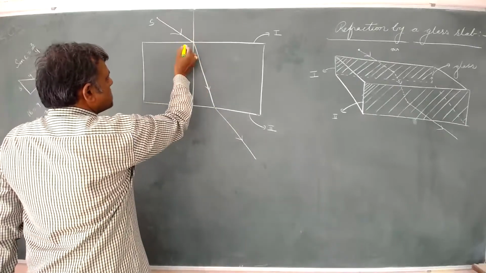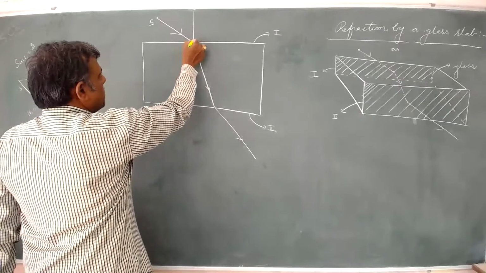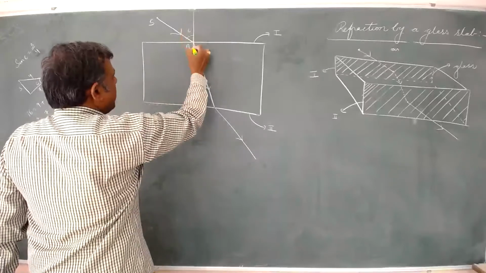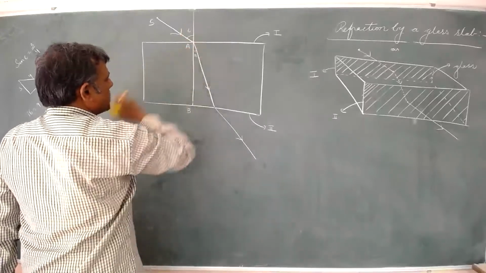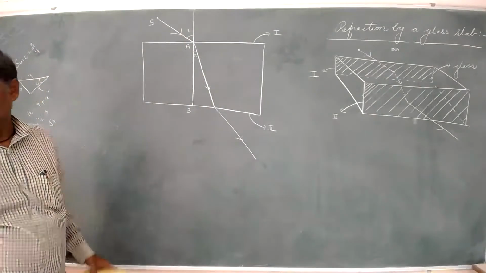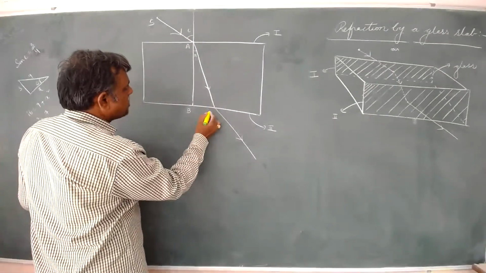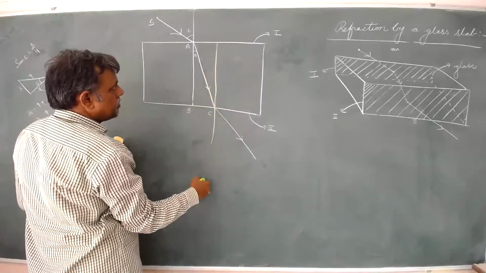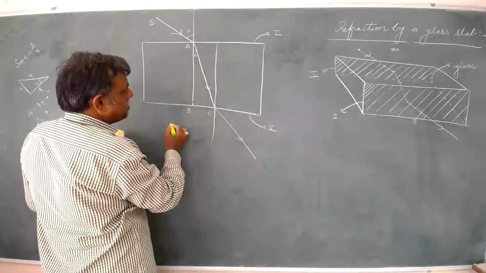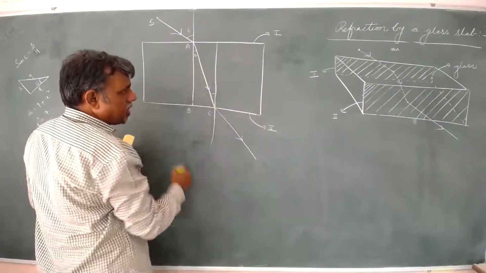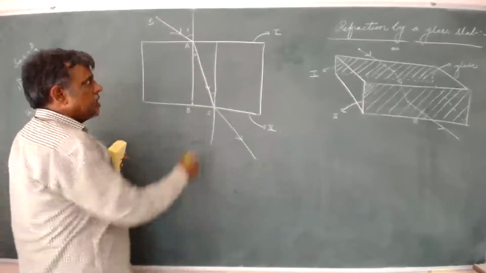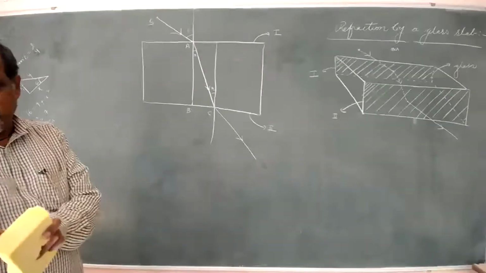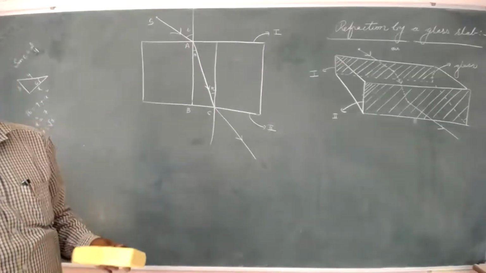This is the first point of incidence, that is A. This is the angle of incidence I, and this is the angle of refraction R. This is the second point of incidence, C. Next, draw a perpendicular over here. These two normals are parallel, so this angle and this angle become alternate interior angles which are the same. When this is R, this becomes R. That means R can be taken as the angle of incidence for the second refraction.